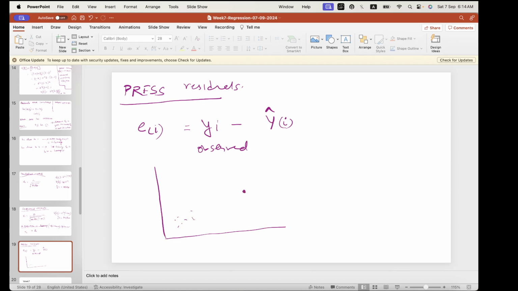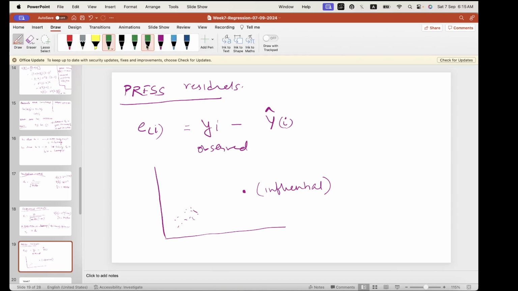This is the disturbing point that I have in mind, my influential point. Originally the regression was supposed to be this line, but because of the presence of this point, the regression got tilted towards it.